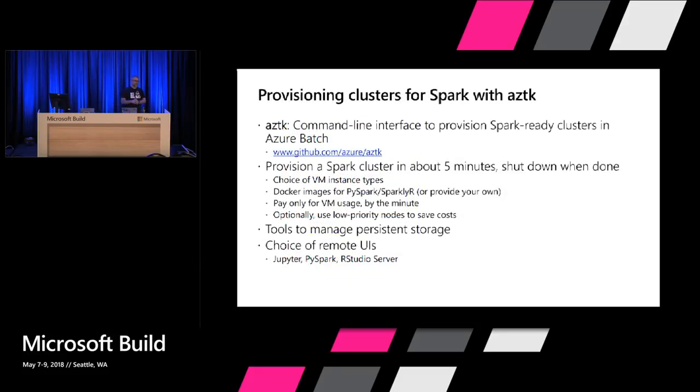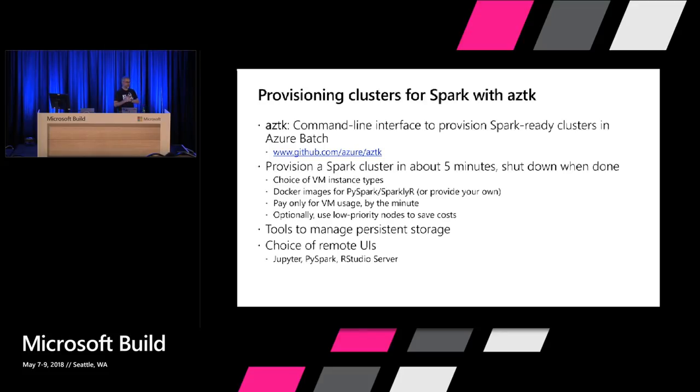If you want to set up Spark within Azure, you actually have a couple of managed options right now. Azure Databricks was released just this year, which is a managed service for Spark. There's also HD Insights, which is Azure's data warehousing service, which is also based around the Spark API. But if you just want to set up a completely vanilla open source Spark, there is a nice tool available to you to do that called AZTK.